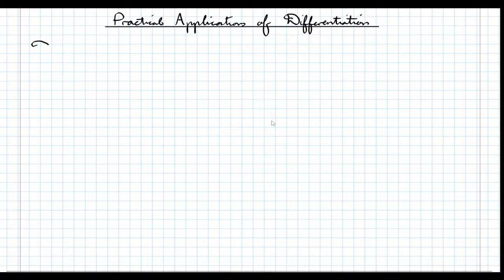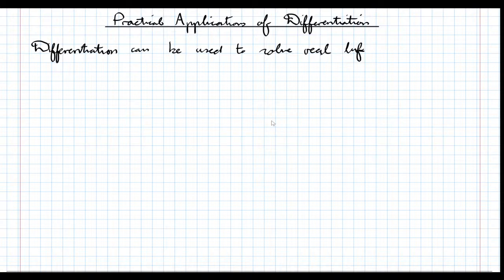Differentiation can be used to solve real life problems that involve maximizing or minimizing quantities.